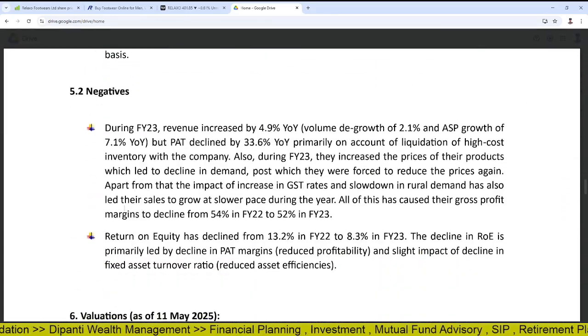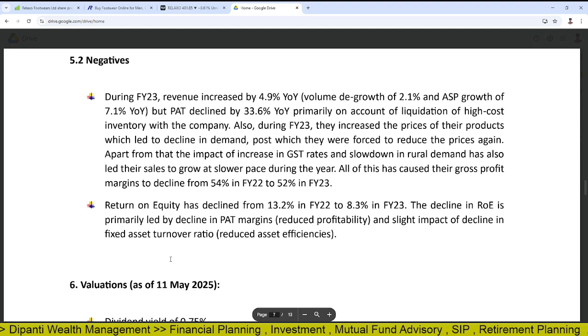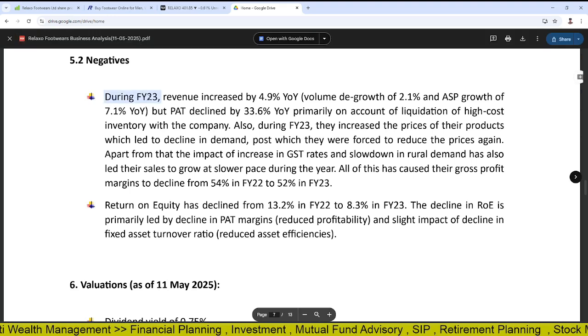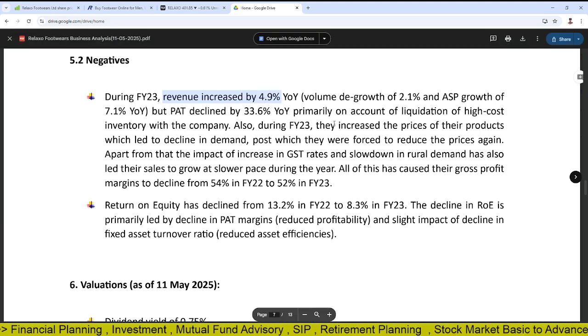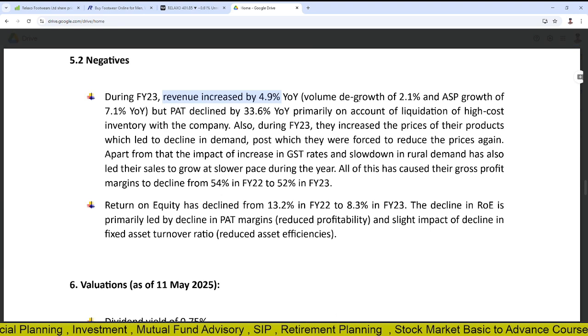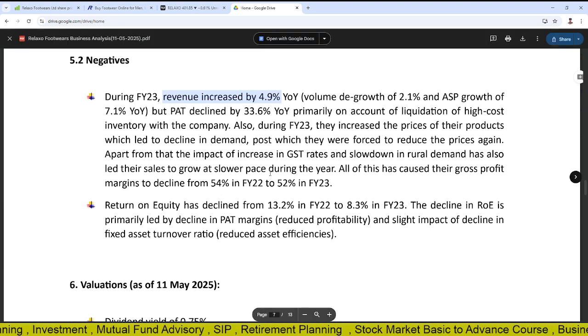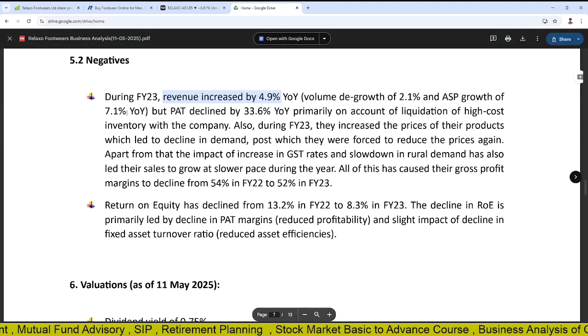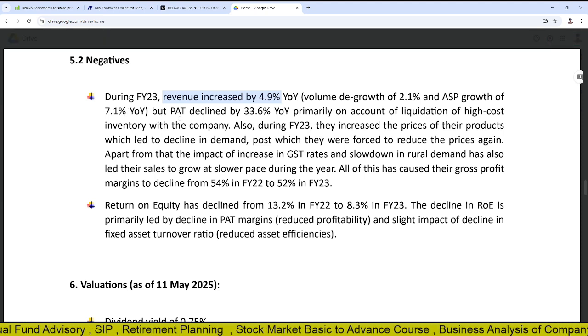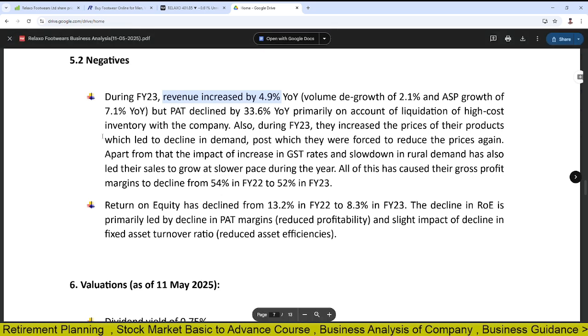Next, negative financial points we will be discussing. There are two negative financial points. During FY23, revenue increased by 4.9% year-on-year, with volume degrowth of 2.1% and ASP growth of 7.1% year-on-year, but profit after tax declined by 33.36% year-on-year, primarily on account of liquidation of high cost inventory with the company.